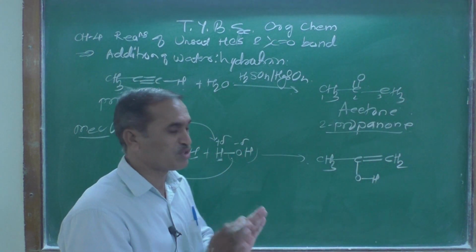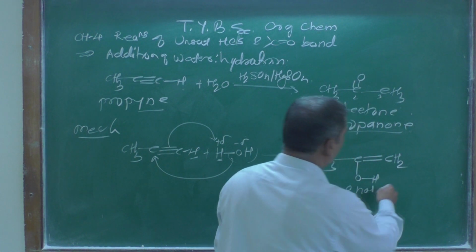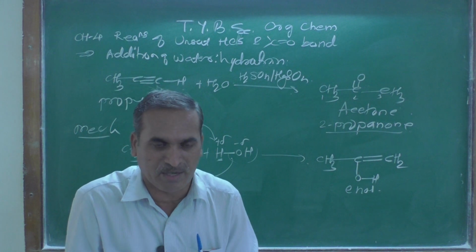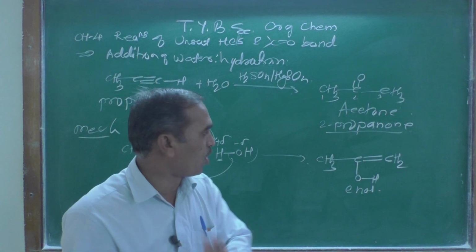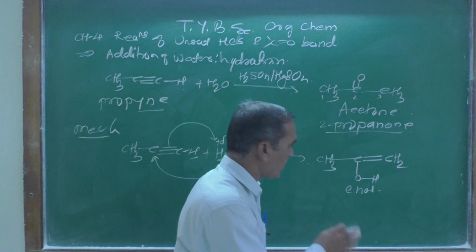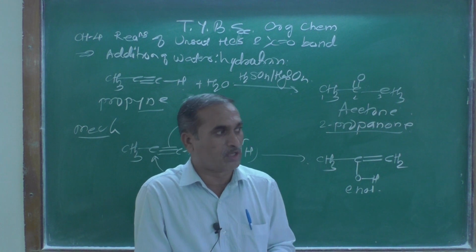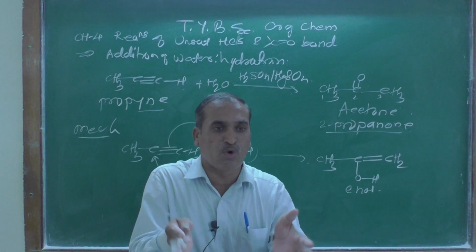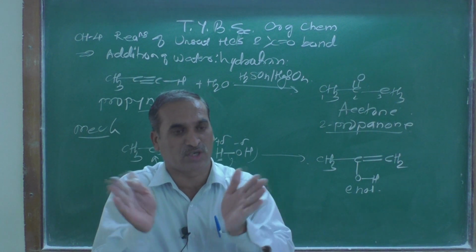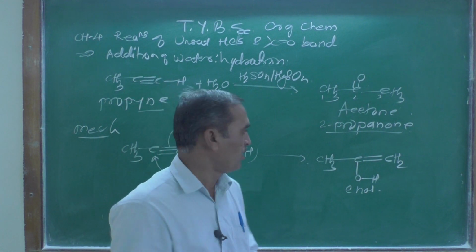And now this species, as we know, what is this species? This species is known as an enol. Enol means a hydroxy group attached to the carbon-carbon double bond, and that's why it is called enol. And as we know, tautomerism is the phenomenon when two interconvertible compounds coexist at an equilibrium, like the enol form or the keto form.